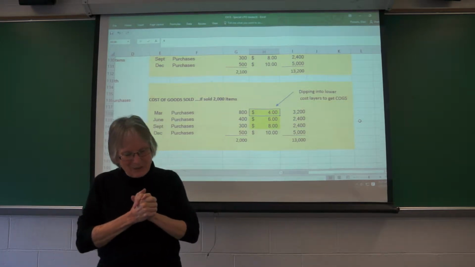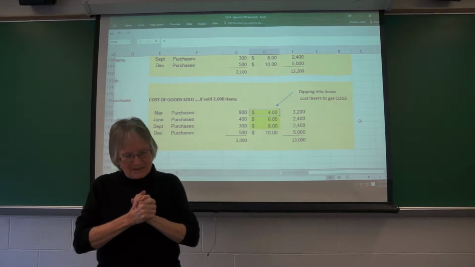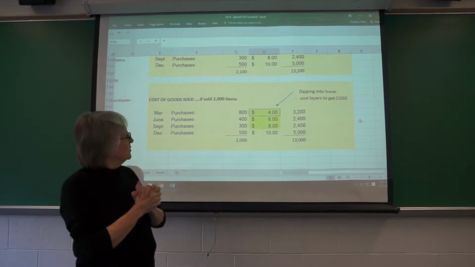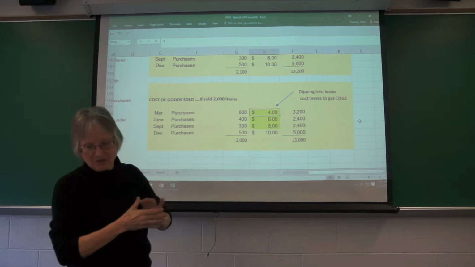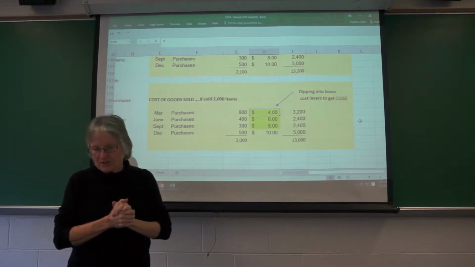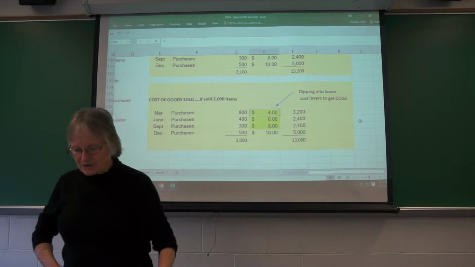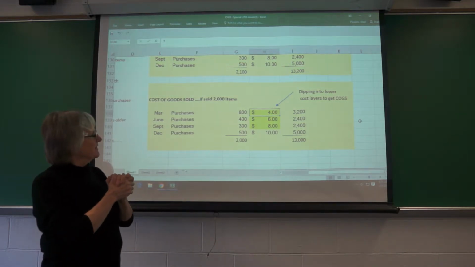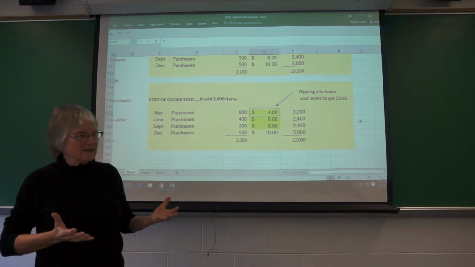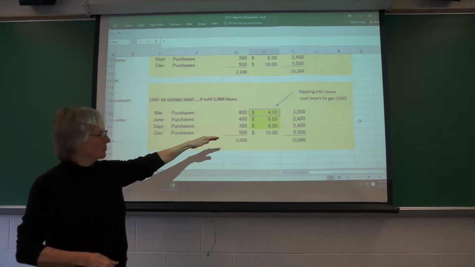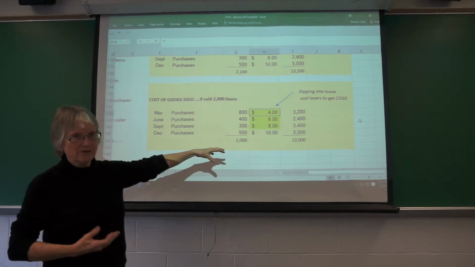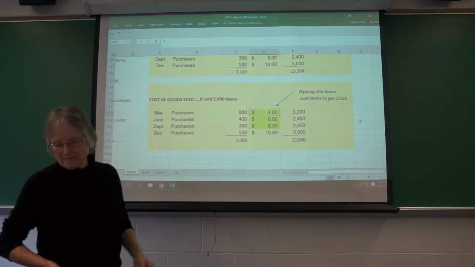All right? So this is called LIFO liquidation, when you're getting back into the older layers. And that's something that companies generally want to avoid. It can also encourage poor buying habits, like they say, oh no, we're going to dip into our old layers, quick, let's buy some more, whether they really need it or not.